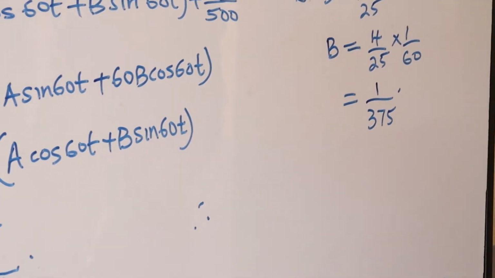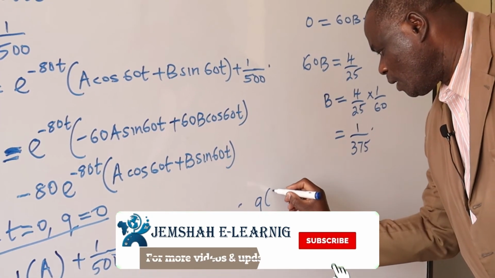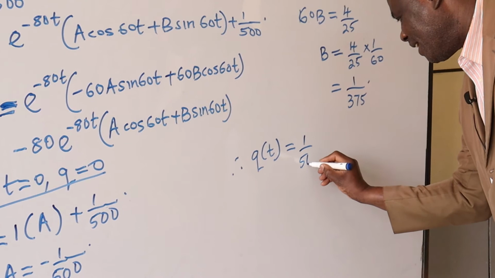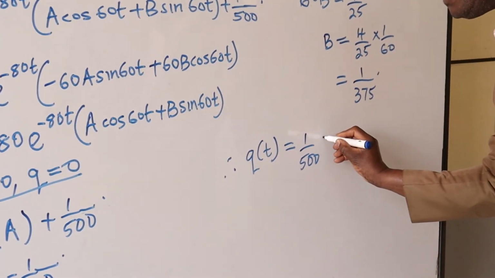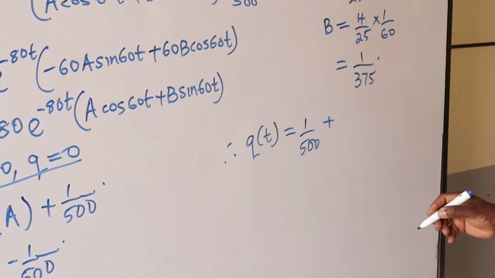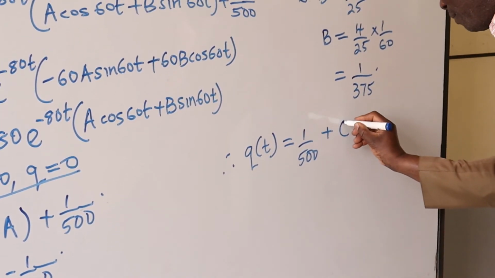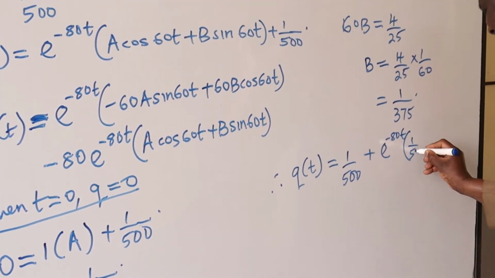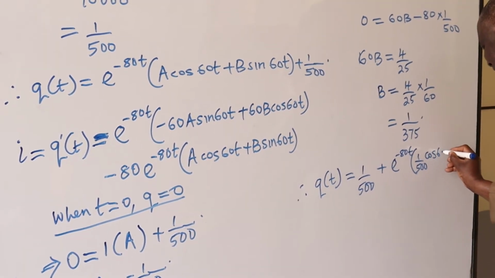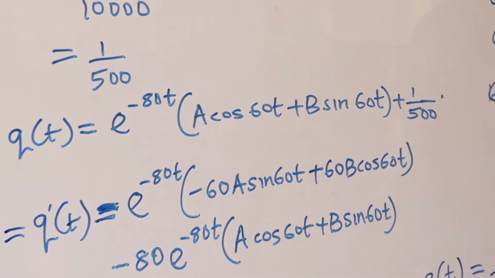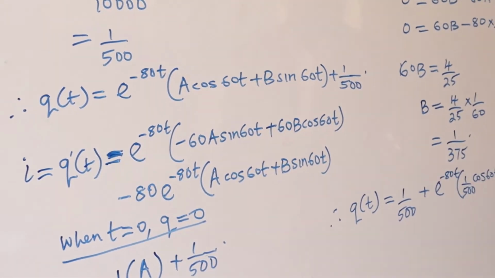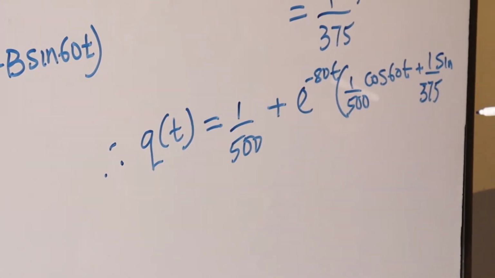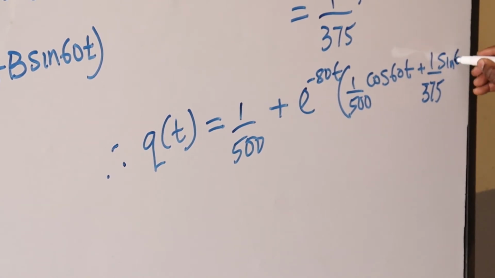Therefore, our Q as a function of t will be equal to 1 all over 500 plus e power minus 80t into a, 1 over 500 cos 60t plus b, b is 1 all over 375 sine 60t.